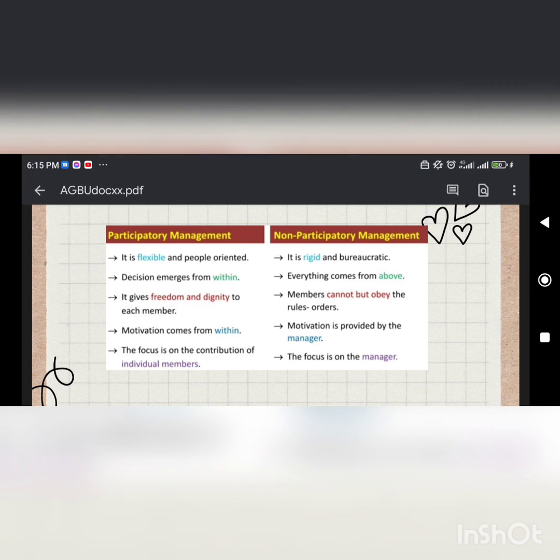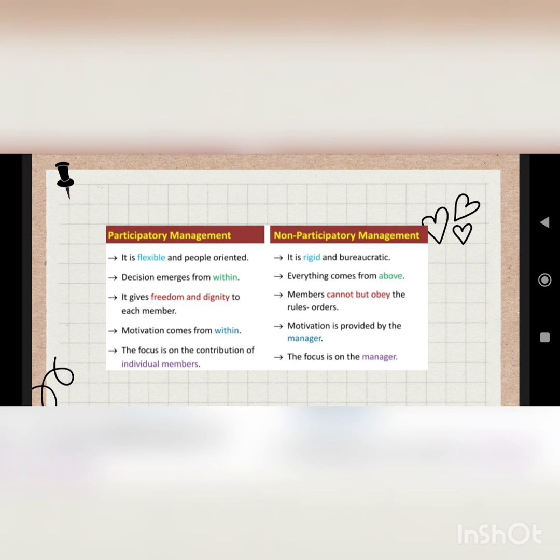Since it is autocratic, the manager will do the decision making. Overall, participatory management encourages interaction between participants, while non-participatory management does not.